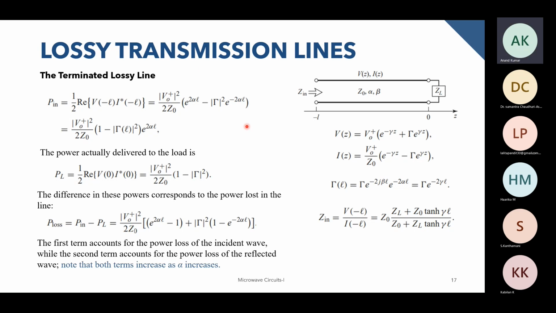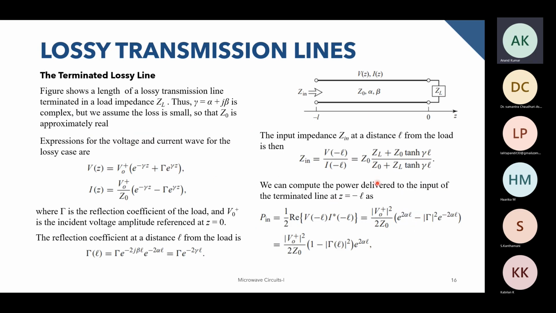For the previous slide, everything is normal; we are just replacing j beta by gamma. Here, tan beta L becomes tanh gamma L, so this changes.